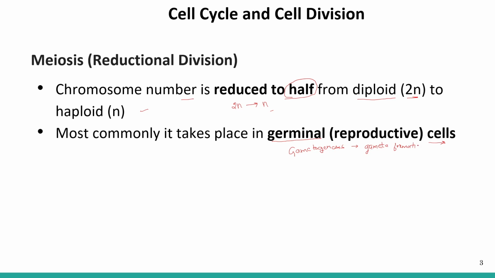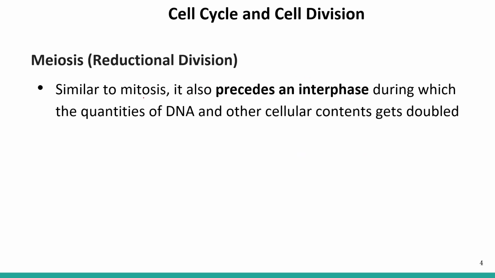Gametes are haploid. Now, similar to mitosis, meiosis also consists of a phase, interphase, which precedes the actual nuclear division. What happened in mitosis? We already know that we had interphase, then prophase, metaphase, anaphase, and then telophase.